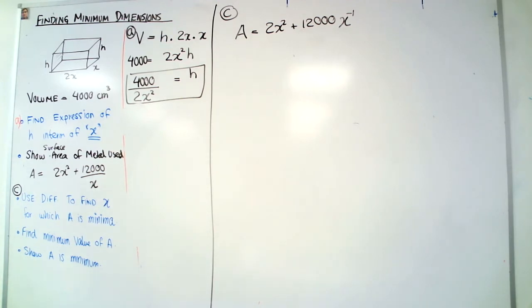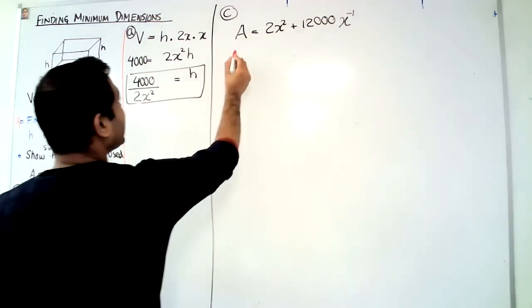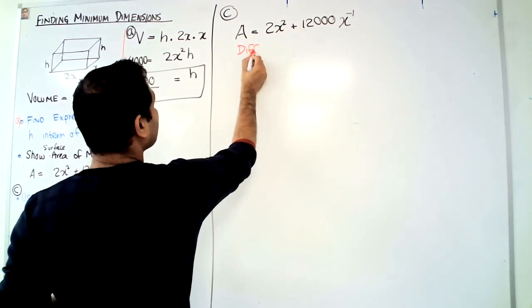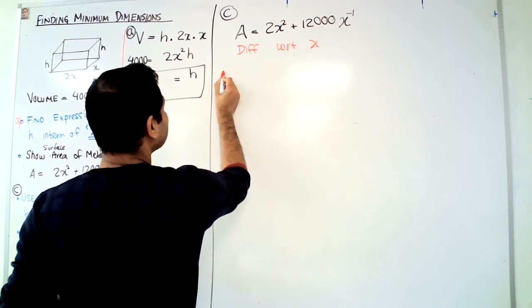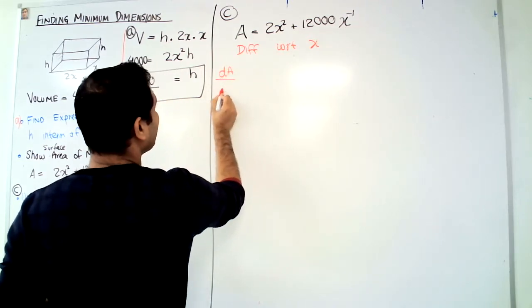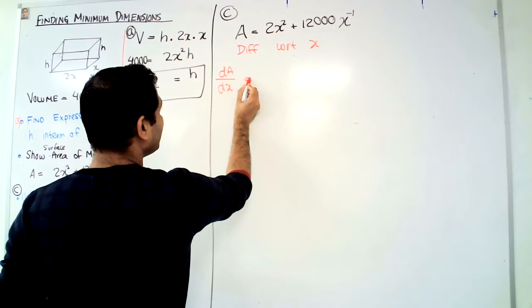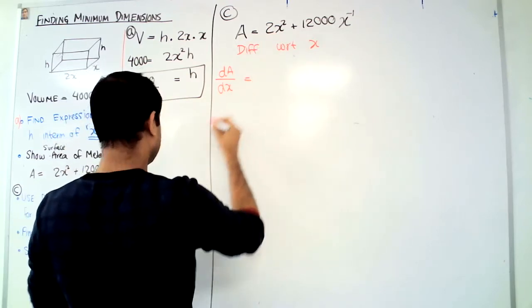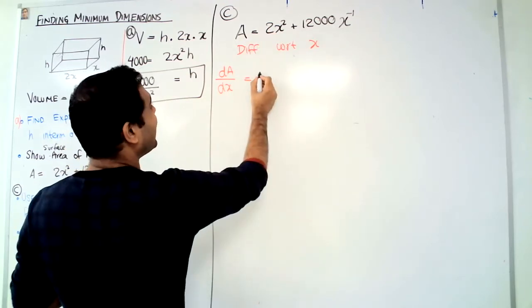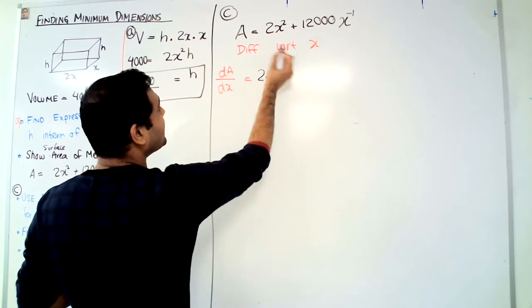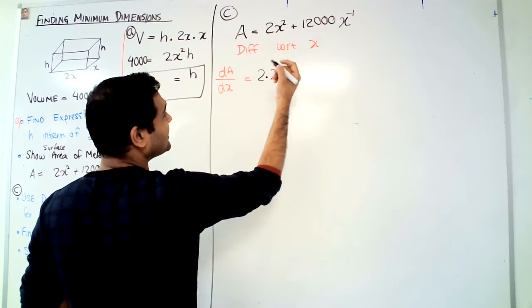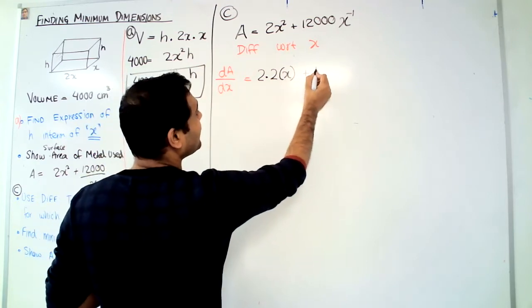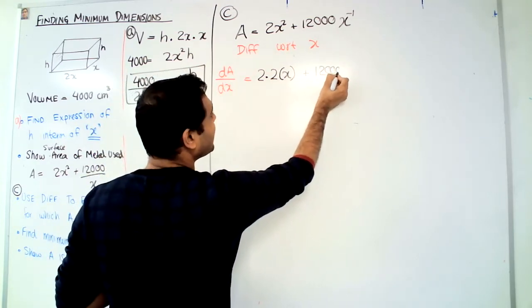Now I need to differentiate. I need to differentiate with respect to x. So this side will become dA over dx. When I differentiate this, the 2 comes out, reduce the power by 1, so 2 minus 1. Plus 12,000 is there.